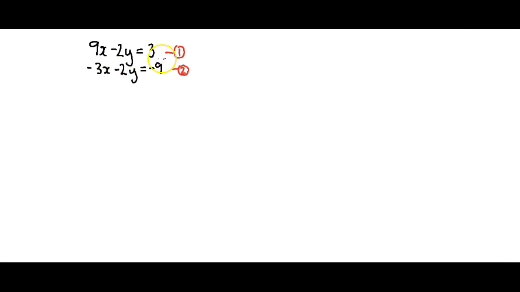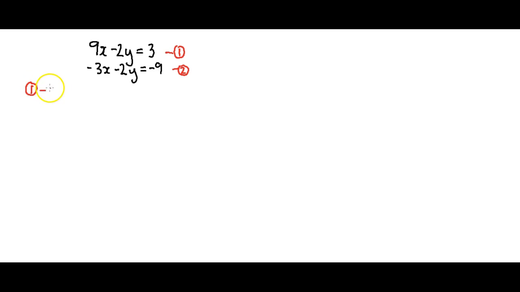In our next example, we've got an equation, everything's lined up for us already, and the terms that are the same size are the two y terms, and they're also the same sign. So when they're the same size and the same sign, we subtract the equations. I'm just going to subtract in the order they're written.